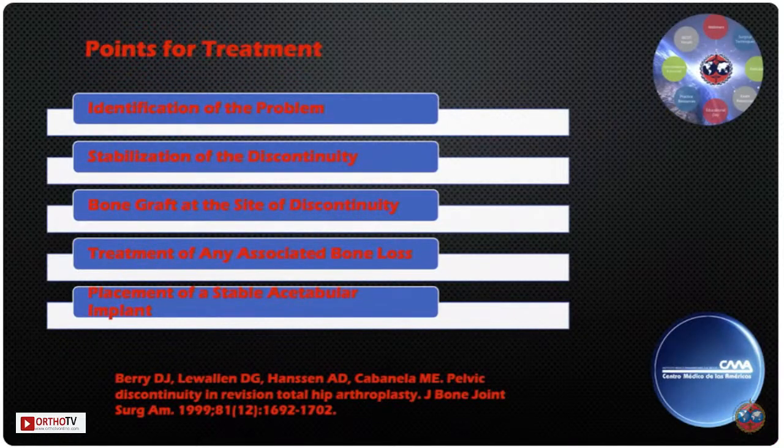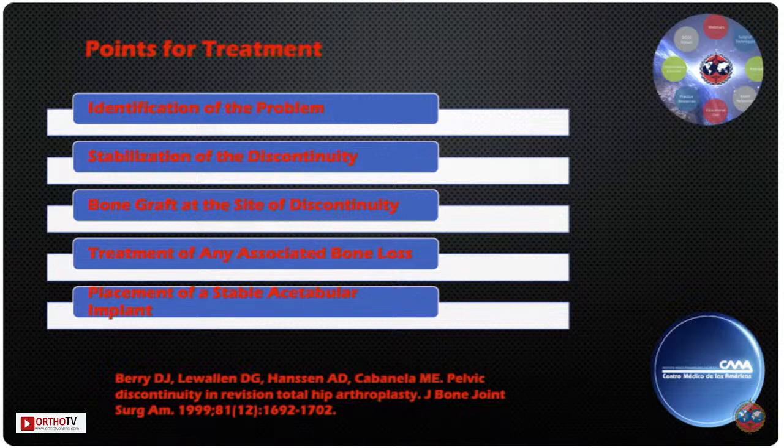Points of treatment: identification of the problem, stabilization of the discontinuity, bone graft at the site of the discontinuity, treatment of any associated bone loss, placement of a stable acetabular implant. This is the most important point because in not all cases is it possible to lower the rotation center.